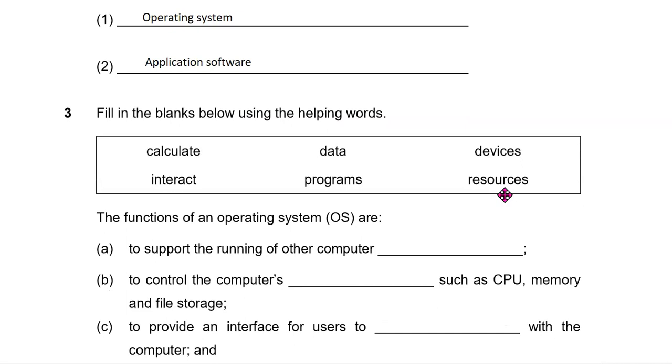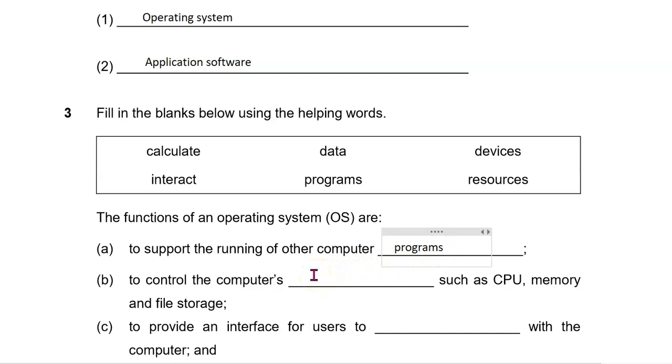Okay, question number 3 requires you to use the helping words to fill in the blanks. So the function of an operating system, OS, is to support the running of other computer programs. You can use the words programs and software interchangeably, but right now in the helping words there is no word software, so we use programs.